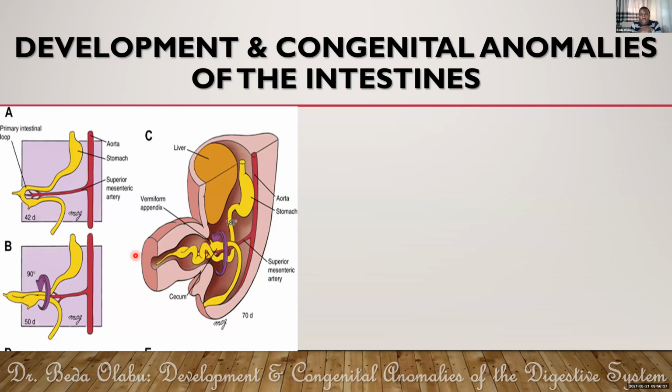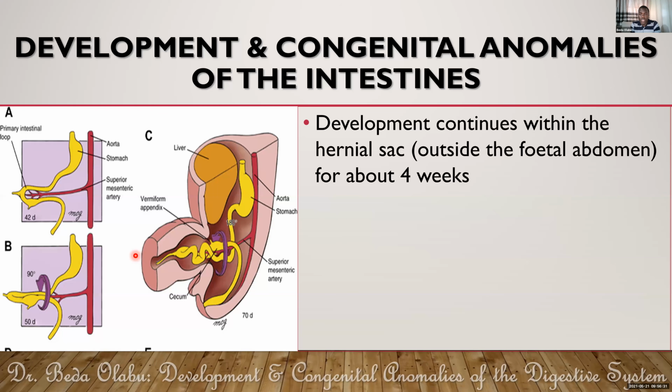So the aim of the herniation was for the gut to continue to develop outside. You may not believe, but the intestines stay outside the fetal abdomen for 1 whole month, from the 6th week until the 10th week of development.